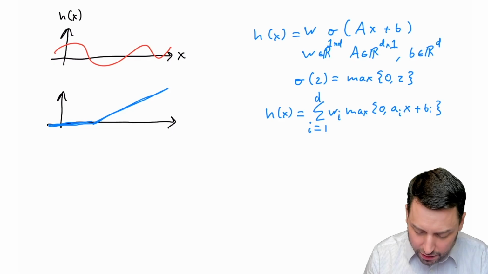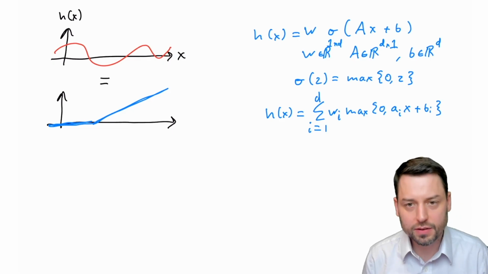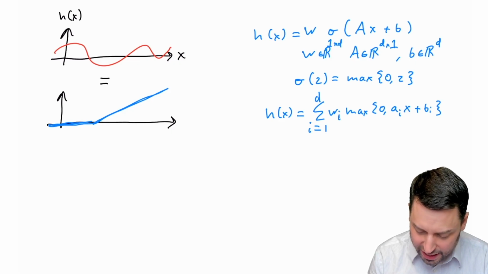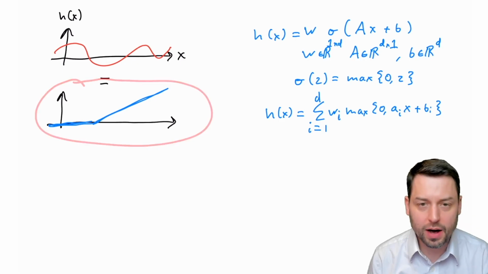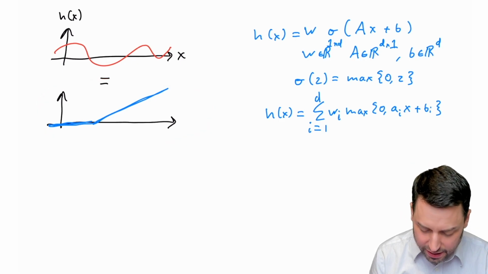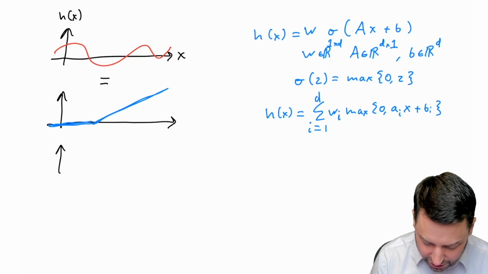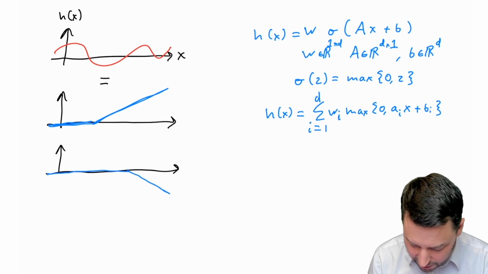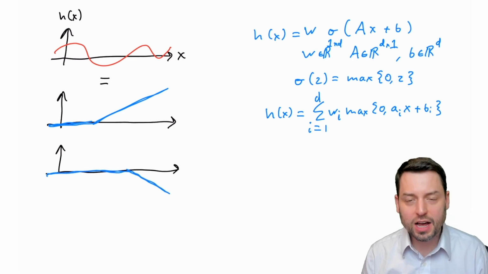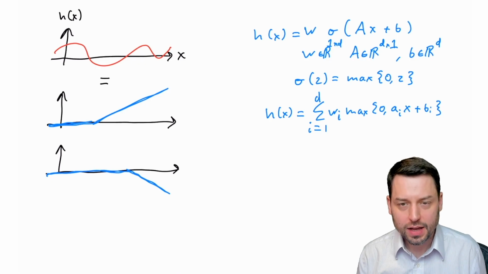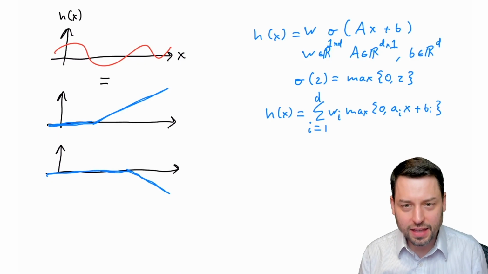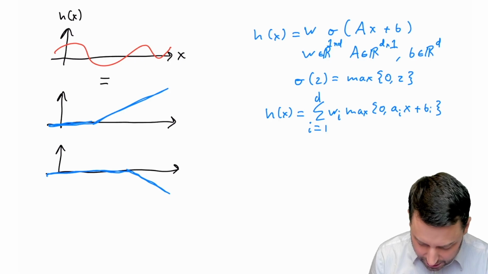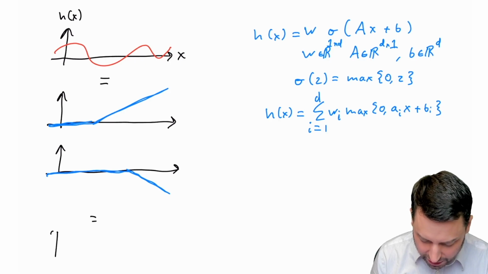And while I'm not going to prove this, it should be fairly obvious, after thinking about it a bit, that if you take functions like this and add them up, I can add another version here, which goes 0 for longer, and then looks like this, etc. If I add up a whole bunch of these functions, I can get a function which can represent any piecewise linear function.